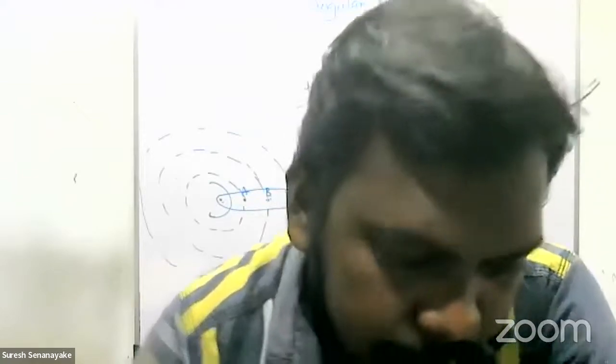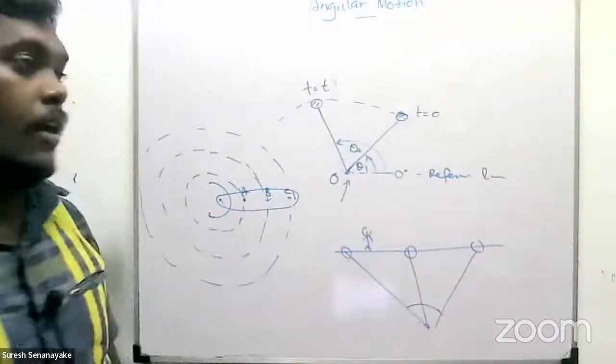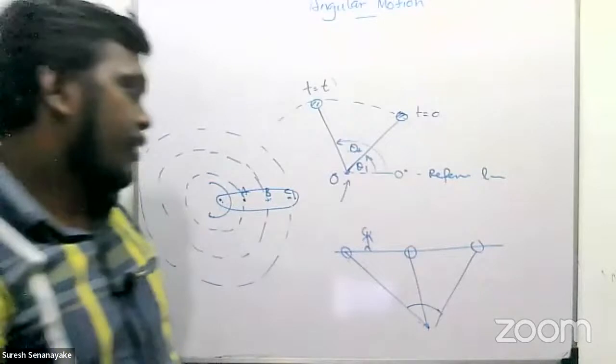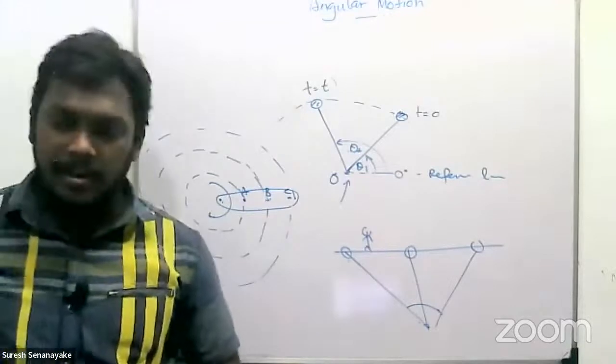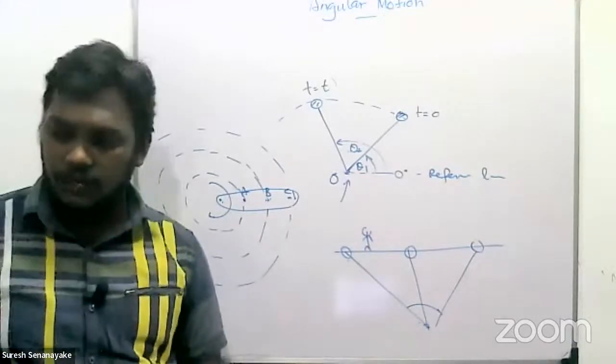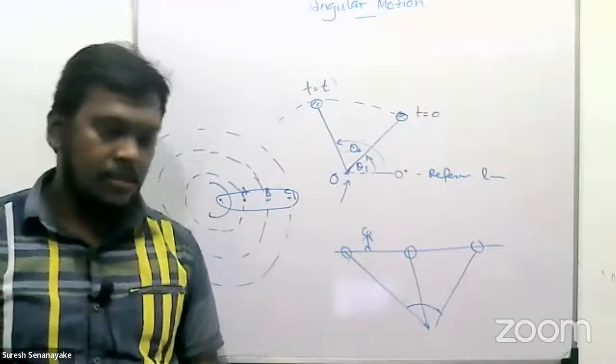Angular motion. For example, when a runner travels along a circular path.